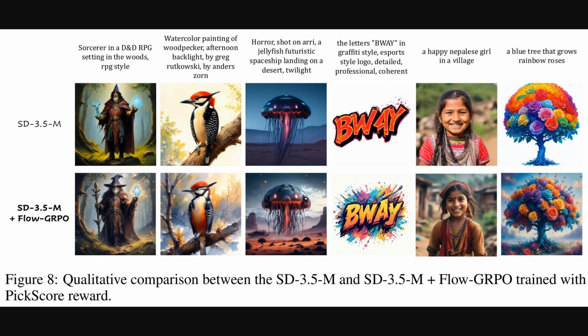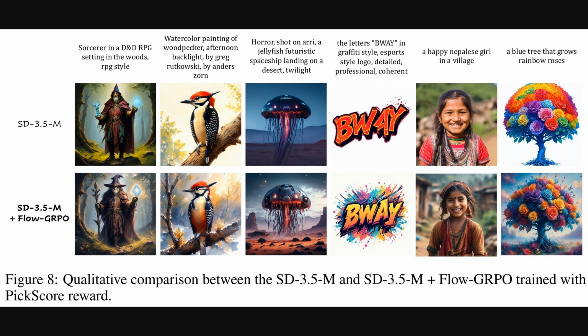So we've seen how that Kullback-Leibler divergence regularization is vital for maintaining quality and diversity. Now Figure 8 offers another set of visual comparisons, this time focusing on training with PickScore reward. PickScore reward is essentially a score given to an image, based on how well it aligns with human preferences.